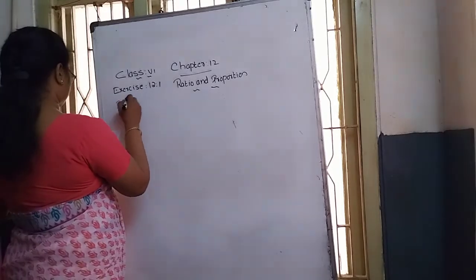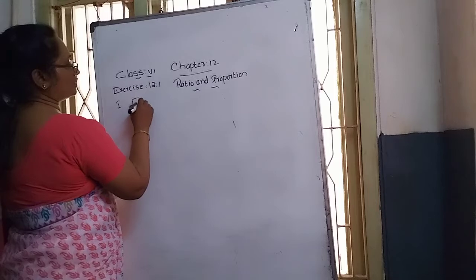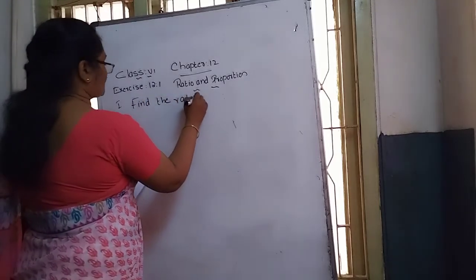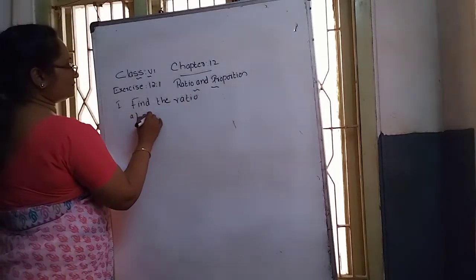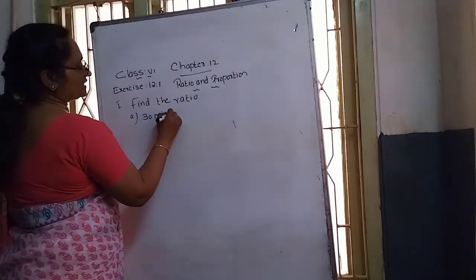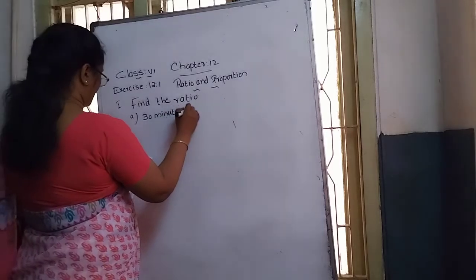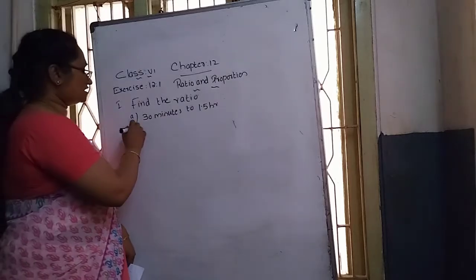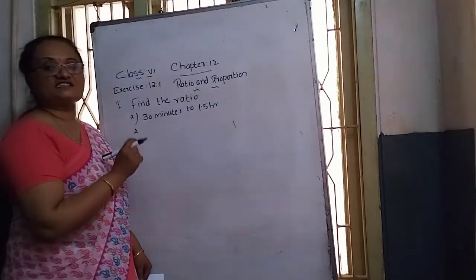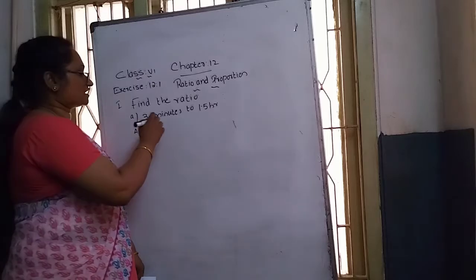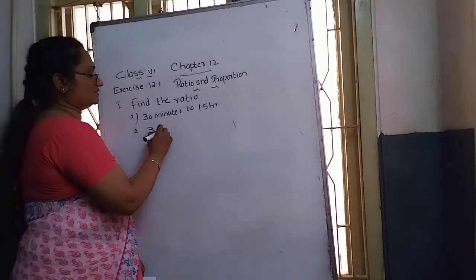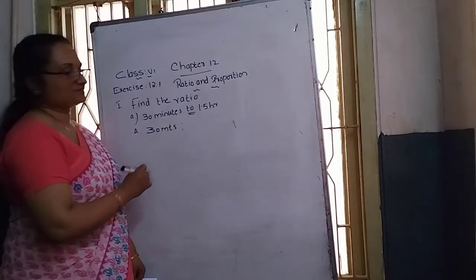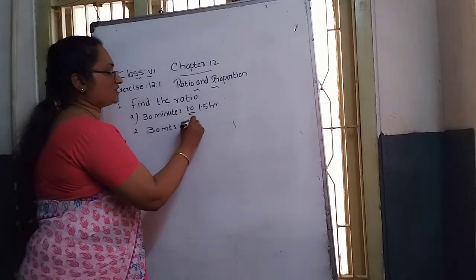The first question says, find the ratio of 30 minutes to 1.5 hours. The first step is to write it in ratio form: 30 minutes, a ratio symbol in place of "to", then 1.5 hours.